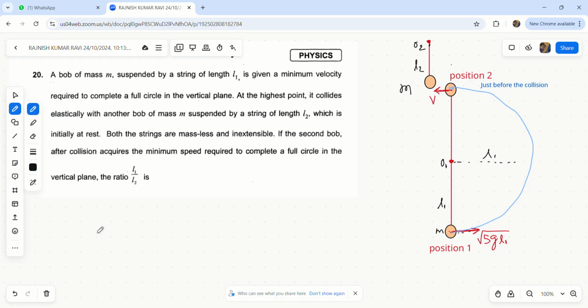Just applying conservation of energy at position 1 and position 2, we can write U1 plus K1 is equal to U2 plus K2.